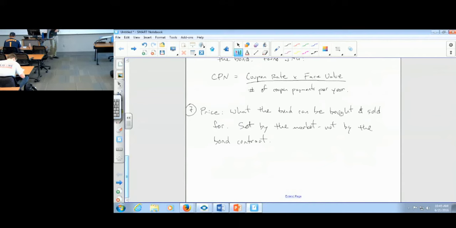And all the stuff that we talked about before, the coupon rate and therefore the coupon payment, are set in the bond contract. The face value is set in the bond contract. The price is not. The people who are willing to buy it and sell it are going to negotiate with each other and set the price of this bond.